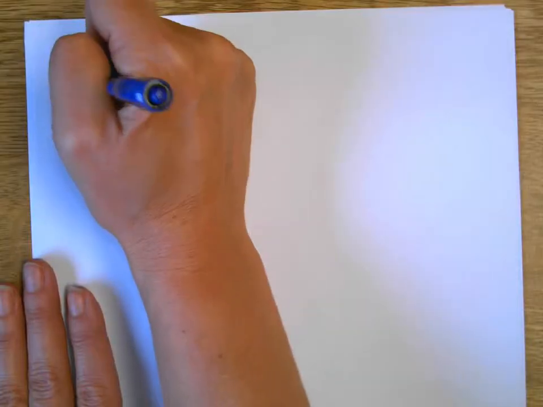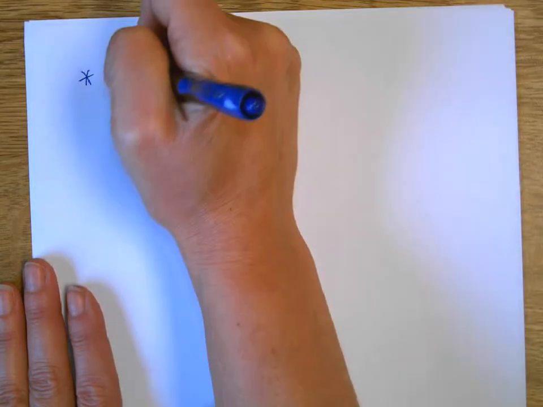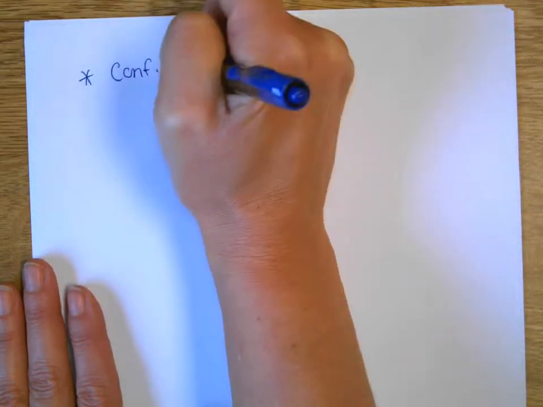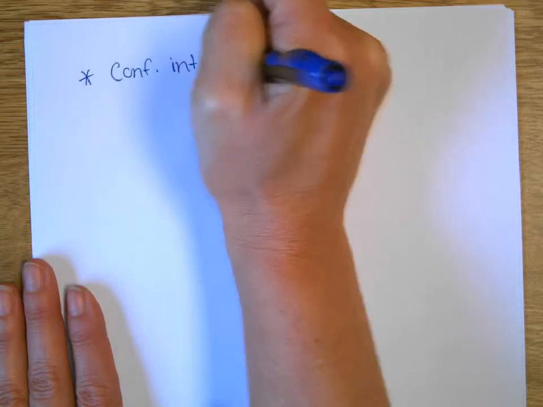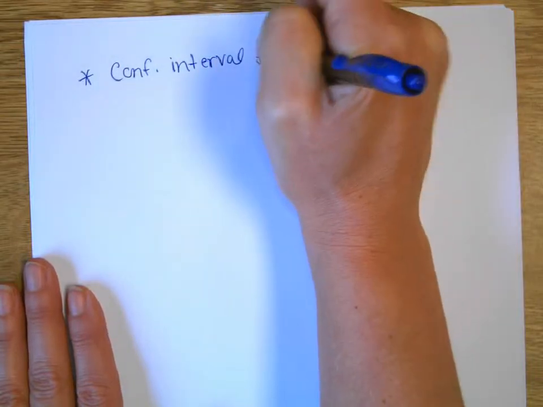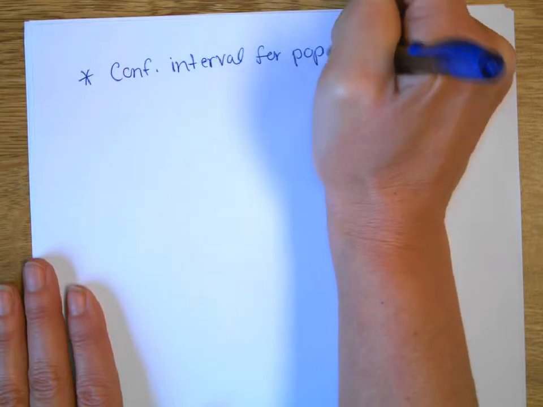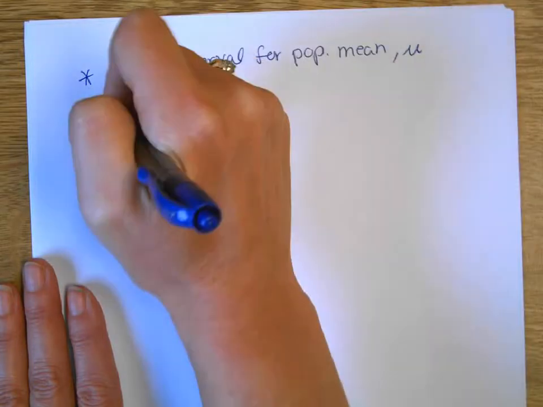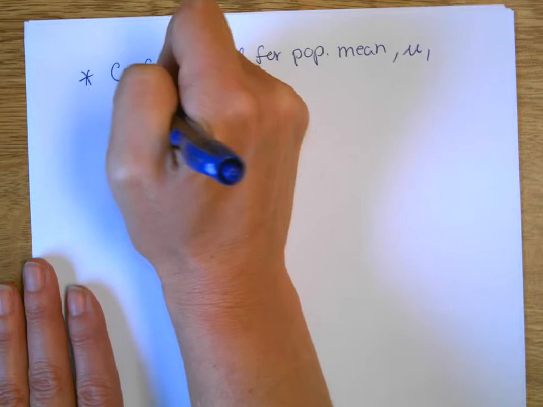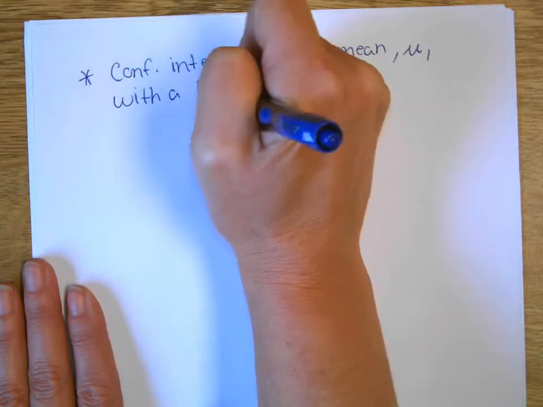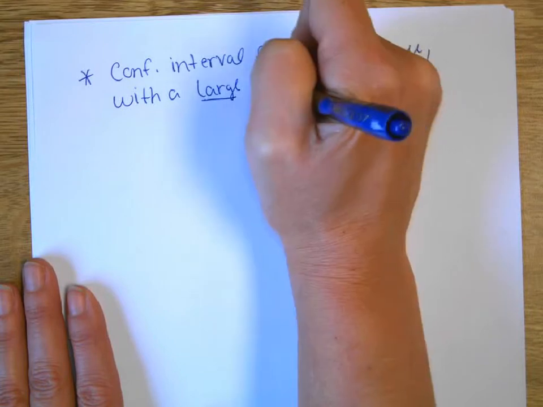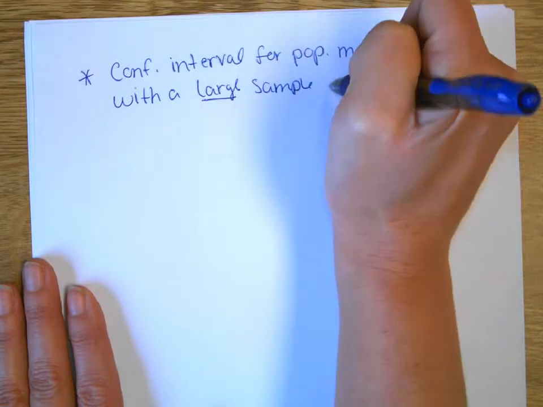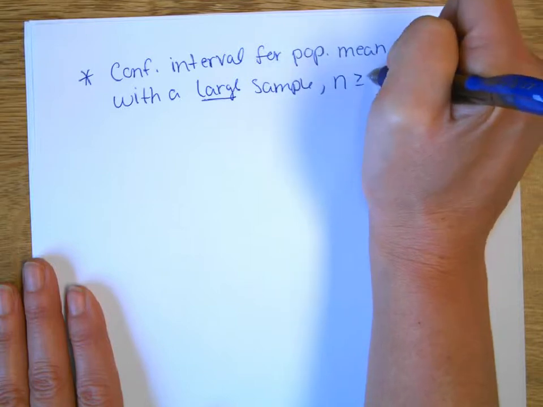So, if I was to make a note card for this test at the end of the chapter, this is what I would put on it, right here, these steps that I'm going to give you. So it's the confidence interval for the population mean, with a large sample. Large meaning hitting the magic number 30.